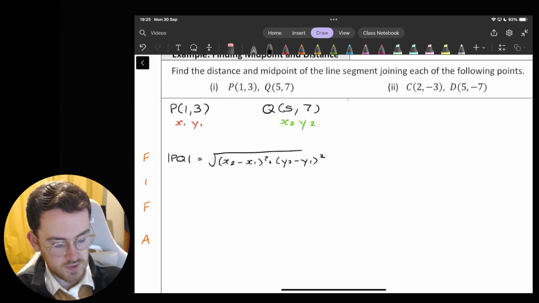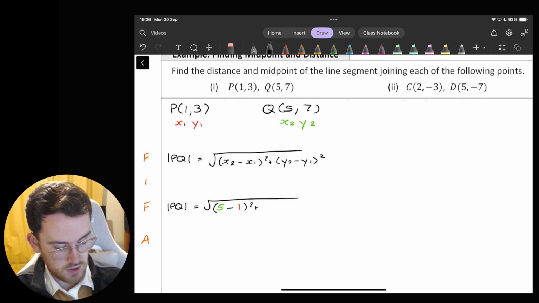I'm going to fill those in then to the formula. So x2 is going to be 5 minus x1 minus 1 squared plus 7 minus 3 squared.